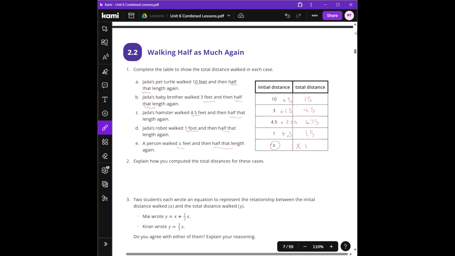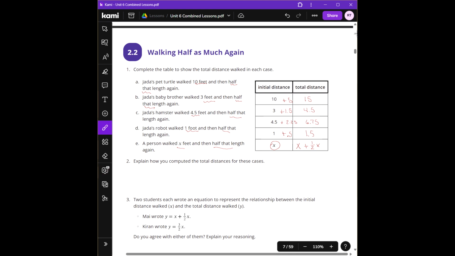Then we're going to add 1/2 of X. We have to add those two together. This is the same thing that we basically did here, but now we're looking at variables. So we have X plus 1/2 of whatever that is. If you put these numbers in, you would get these answers.